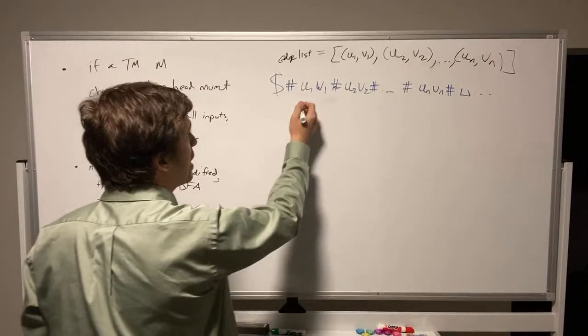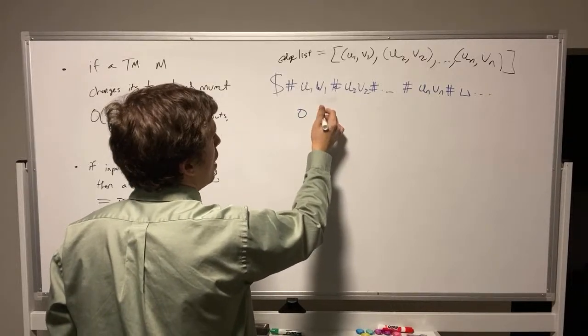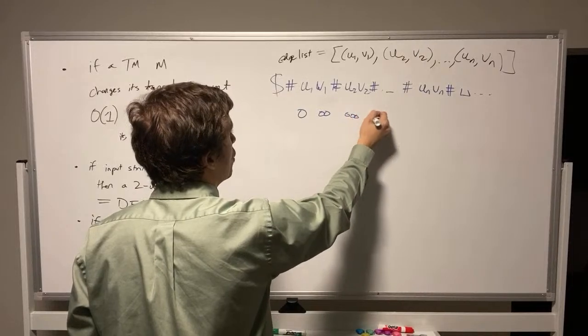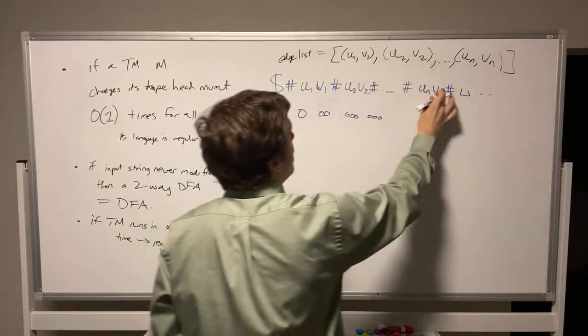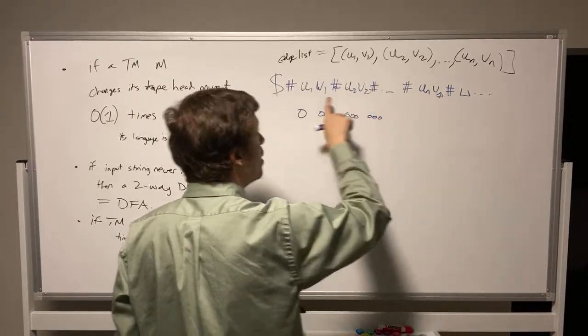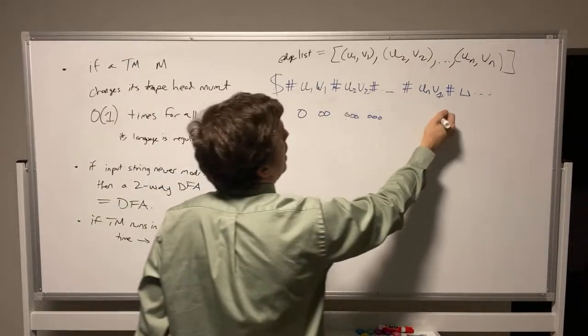So maybe we can say that U1 corresponds to the string 0, and then V1 is 2 zeros, then maybe 3 zeros, and then 4 zeros.